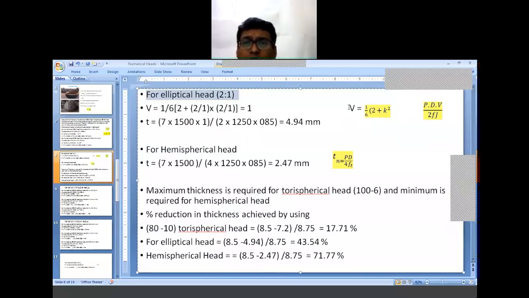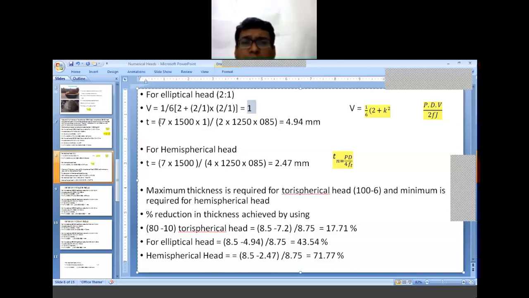K is the major axis to minor axis ratio, that is 2 divided by 1, and it is squared. So here for 2:1 the V value comes as 1.